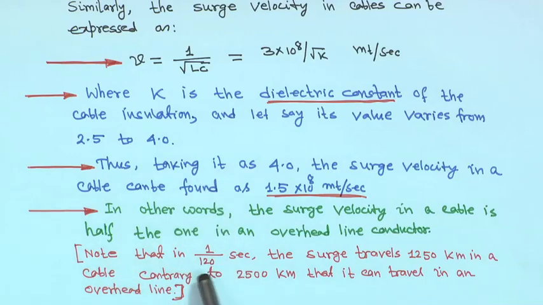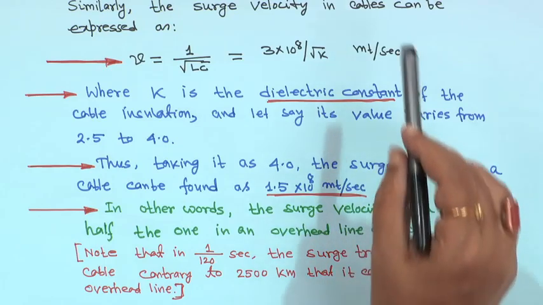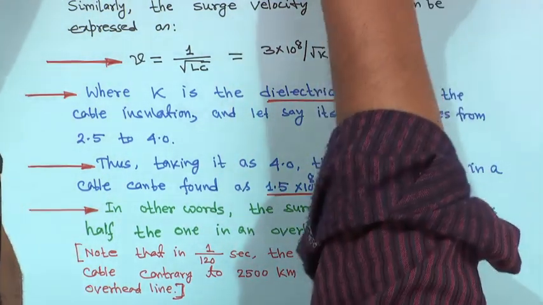So in this case, in 1/50th of a second, the surge travels 1250 kilometers in a cable, as compared to the overhead transmission line, where it was 2500 kilometers as I showed you. In the case of cable it will travel 1250 kilometers, right. This is due to the dielectric.